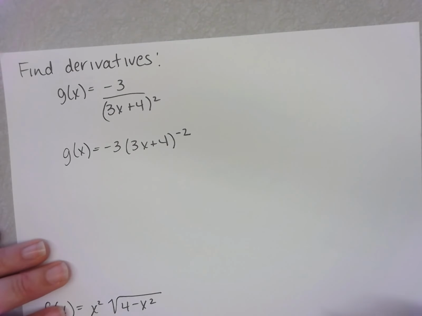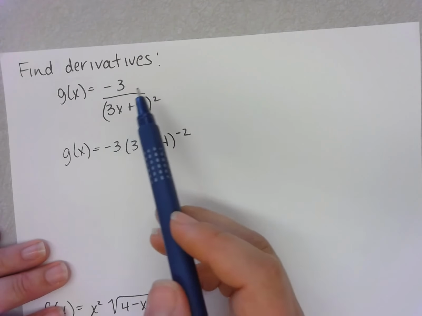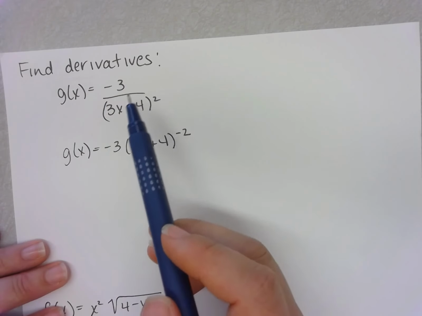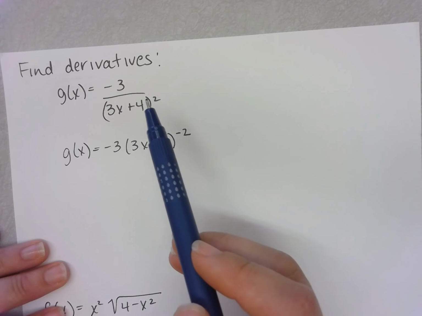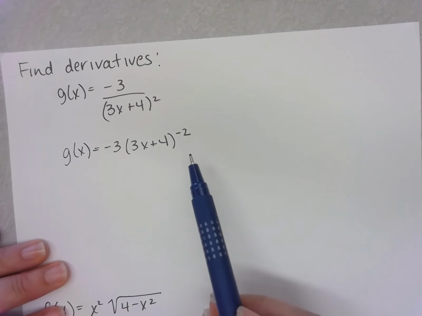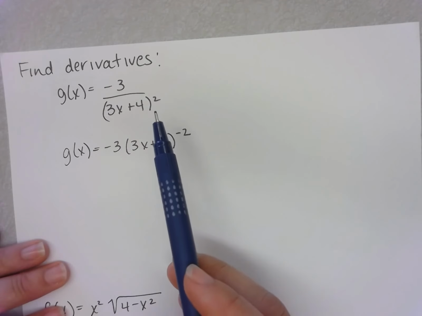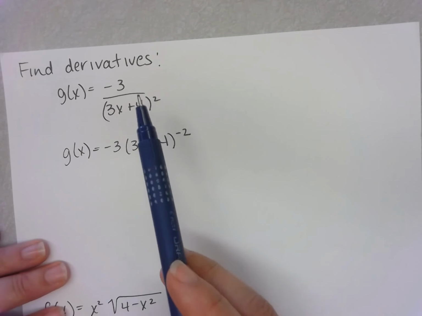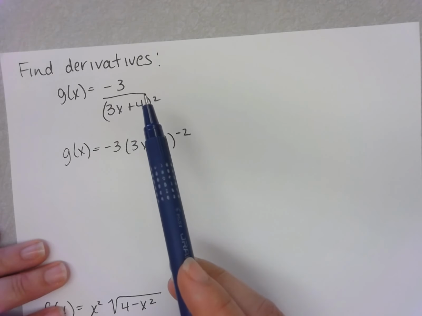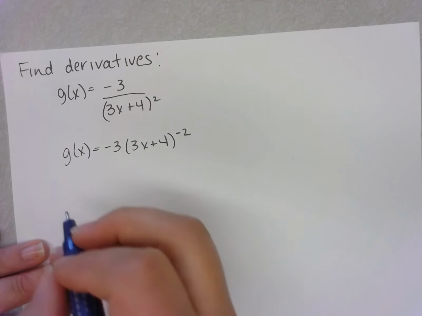Sometimes with a quotient, if I had other variables up here, like 3x squared plus whatever, you could write them next to each other and use the product rule with the -2, but I recommend that you only bring up this factor and write it to the negative power when you only have a constant in the numerator. I highly recommend that.